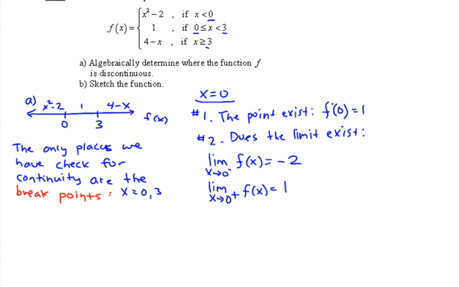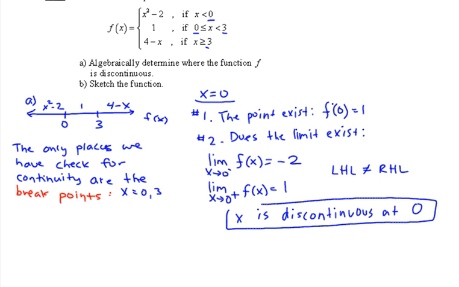Does the left-hand limit equal the right-hand limit? No. So right away, we don't have to check condition 3. We can stop and say the left-hand limit does not equal the right-hand limit. Therefore, f is discontinuous at 0. Now we have to check the other one.